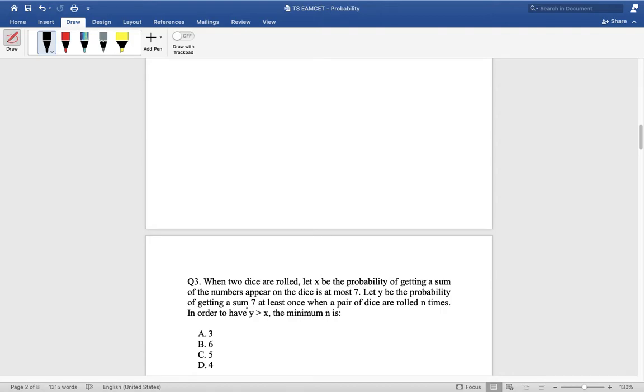Just 0 times, that is, a sum of 7 not appearing, is not included. Everything else is included. Now the problem says, in order to have y greater than x, what is the minimum n?